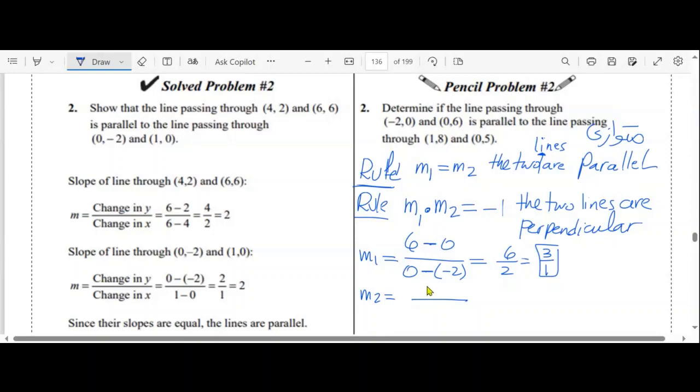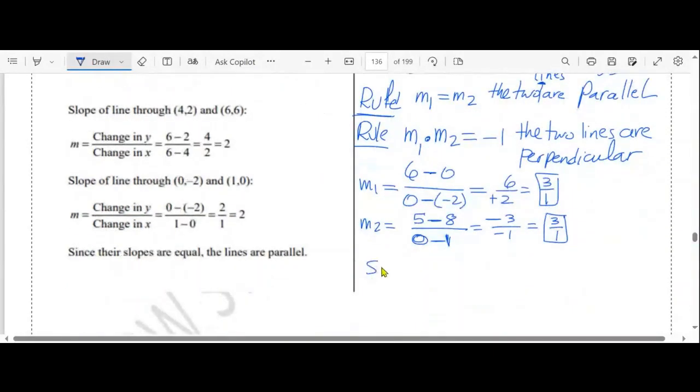So not negative 2, it is positive, because negative times negative gives you positive. The second line is 5 minus 8 over 0 minus 1. You subtract this, what do you get? -3 over -1. So it gives you 3 over 1.